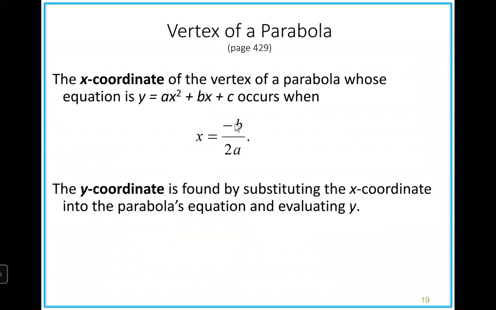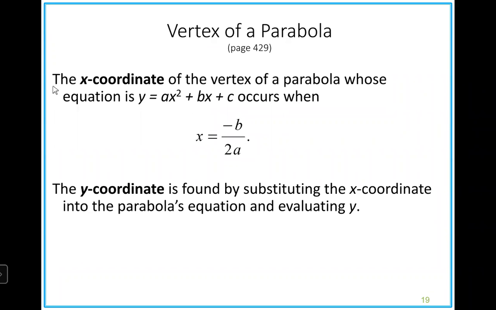So if you remember that formula, that will help you to remember this little formula here, because this negative b is the first part of the quadratic formula, and this 2a is the denominator.